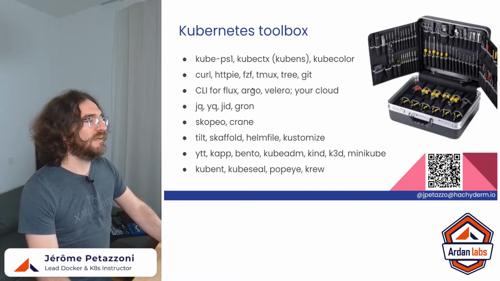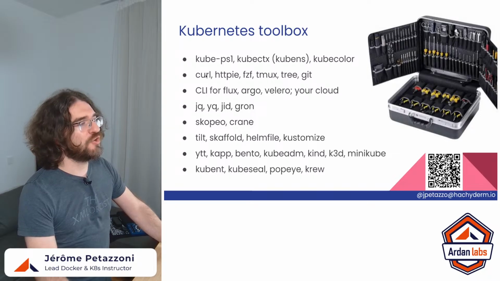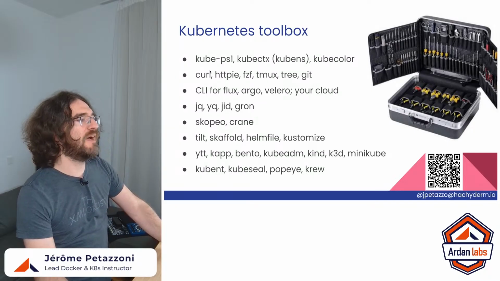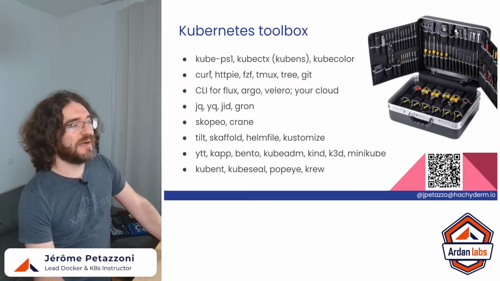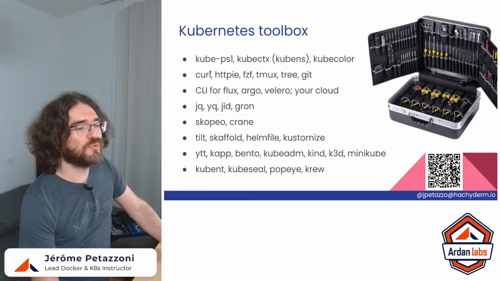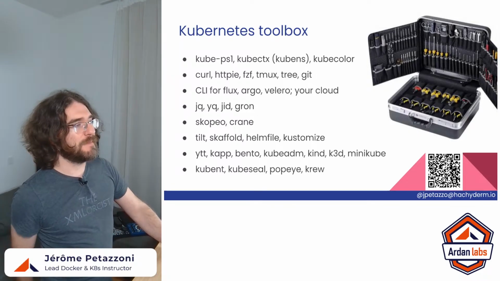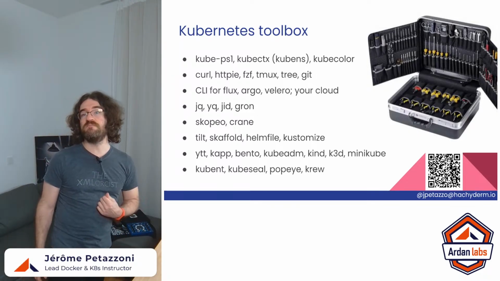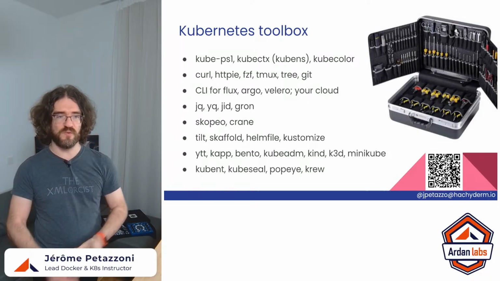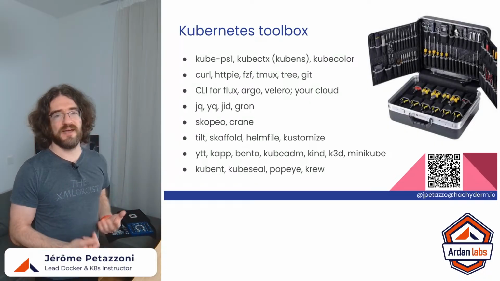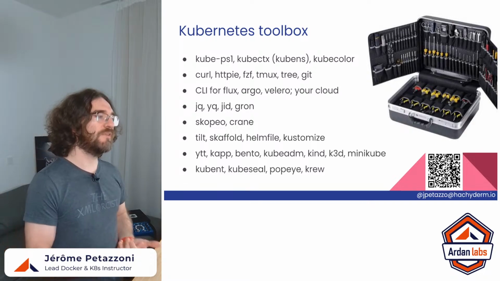What else? Curl. I think curl is super well known, so I'm going to skip that one. HTTPie. I'm going to be honest with you, I don't know if I would be able to give an example of HTTPie like this, but basically when I need to post an HTTP request with a JSON payload, that's my go-to tool for that.